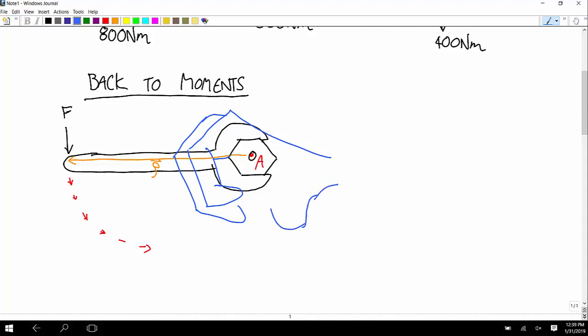But so if your fingers rotate in the direction of the rotation that would occur, your thumb is pointing out. So this force applies a moment in the direction straight out of the page. Any questions about that?